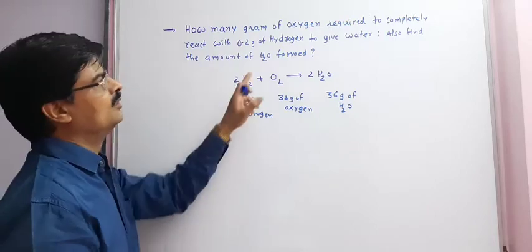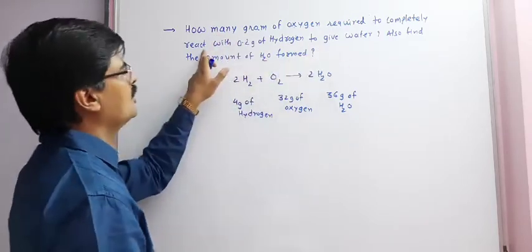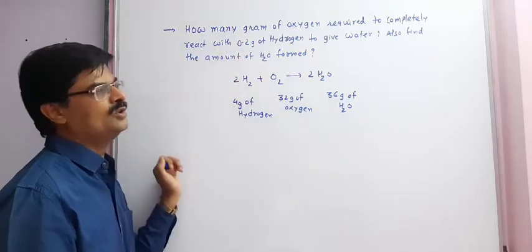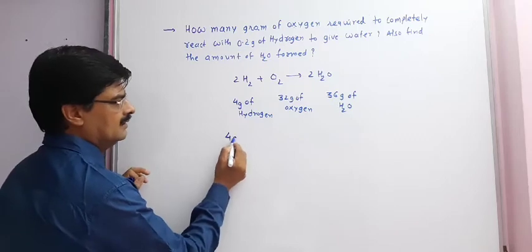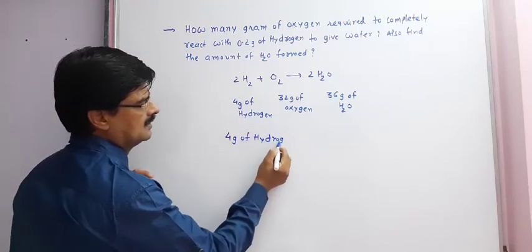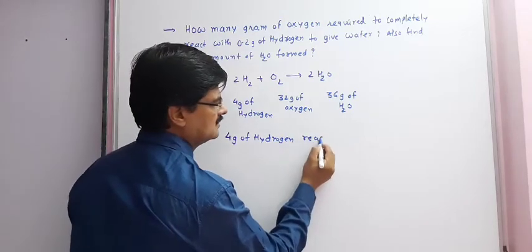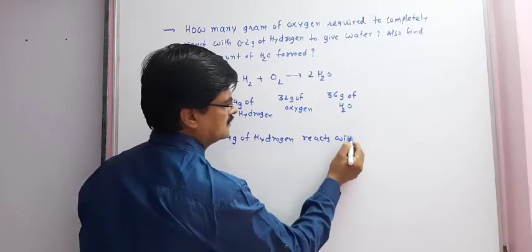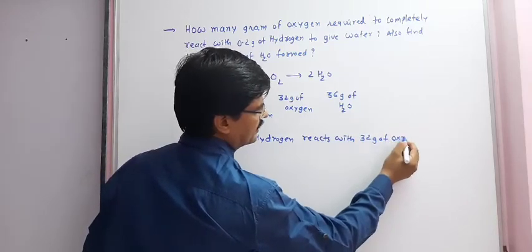First we will find out how many gram of oxygen are required to completely react with 0.2 gram of hydrogen. From the reaction we can say 4 gram of hydrogen reacts with 32 gram of oxygen.